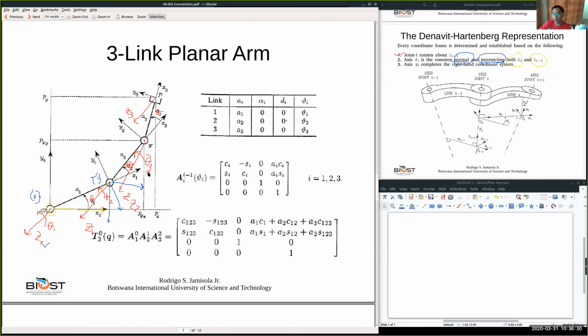So now when choosing this to be our X1, we identify the origin of frame 1 to be this point, where it intersects both Z1 and Z0. Okay, so now we identified already the origin of frame 1.